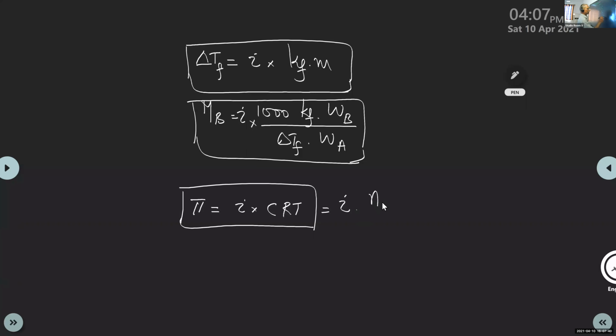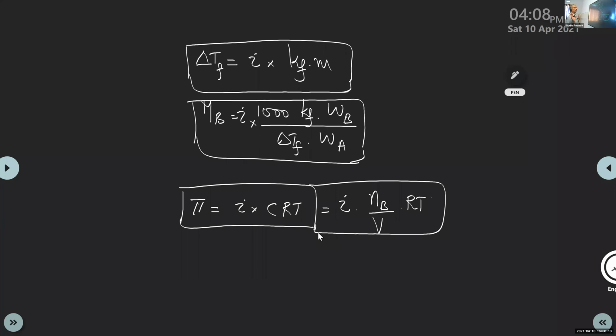So number of moles of solute by volume of the solution V is the concentration C. So pi is I into nB by V, that is molarity, into RT. Everywhere we are applying the Van't Hoff factor I.